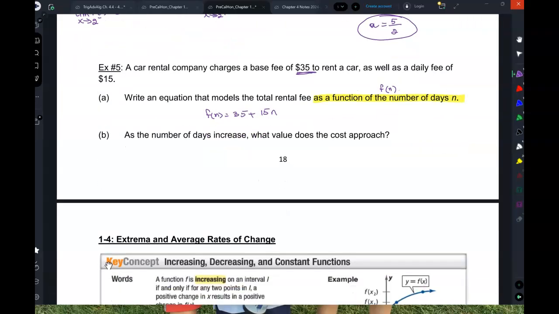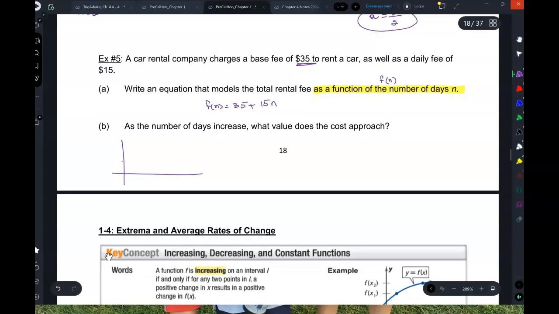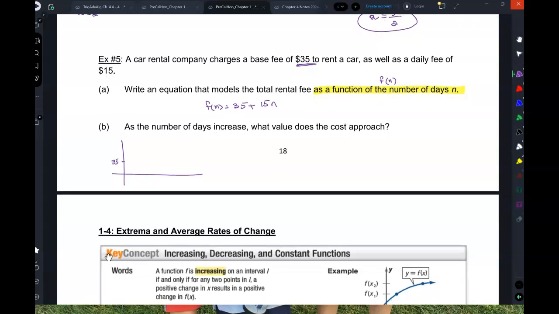As the number of days increase, what value does the cost approach? We know exactly what this looks like. If this is 35, we know that this looks like this. As the number of days increase, it means as n increases infinitely.